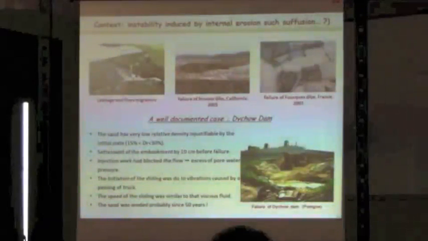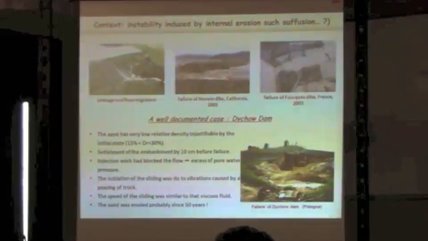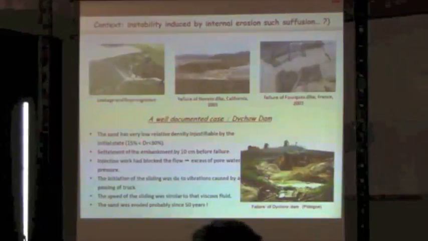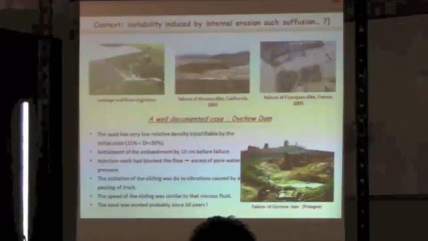I show you here a well-documented example, which is the failure of the Dyszow Dam in Poland. The back analysis of this failure has shown that the sand was very loose and had a very low relative density, which was not explained by the initial state at construction.